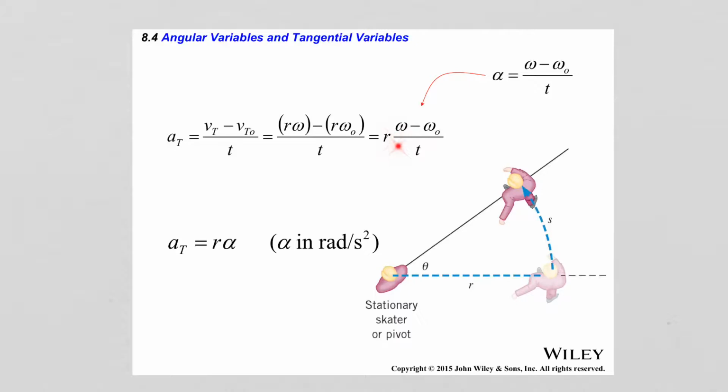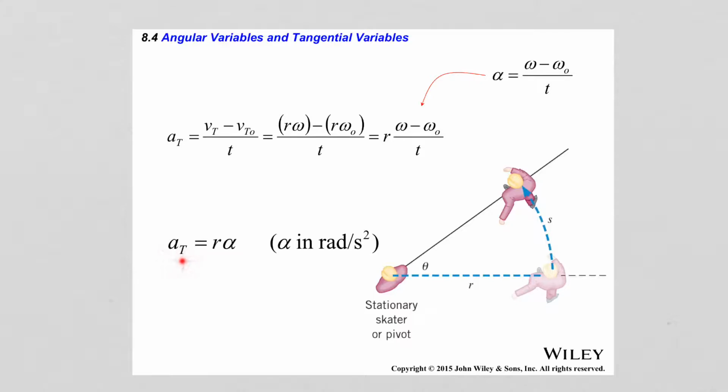Remember now that this ratio here is defined as the angular acceleration. And so if I substitute the angular acceleration here, I have a relationship now between the acceleration of each skater and the angular acceleration of the rotational motion.